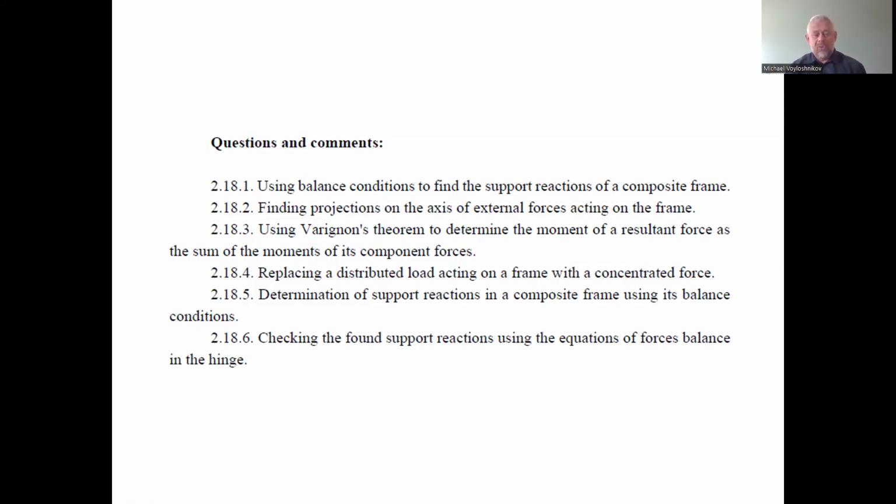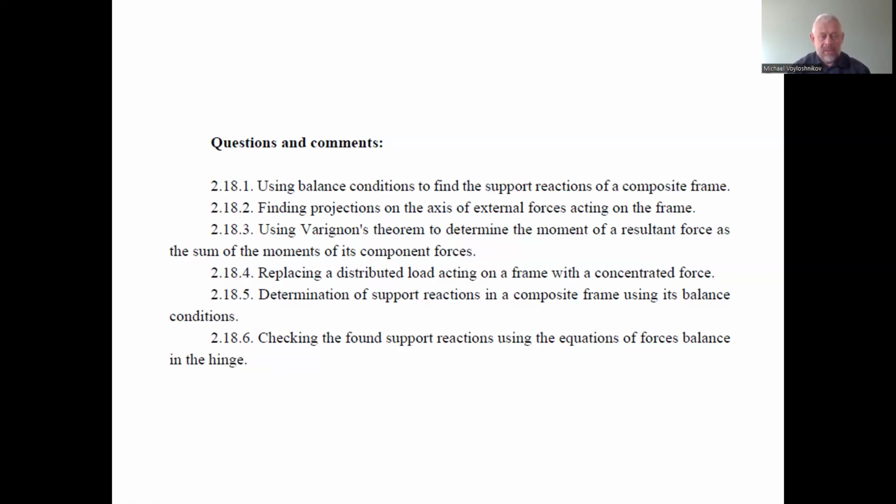Using the Varignon theorem to determine the moment of the resultant force as the sum of the moments of each component force. Sometimes we feel difficulty finding the arm of the rotation moment if the force is inclined to the coordinate axis.